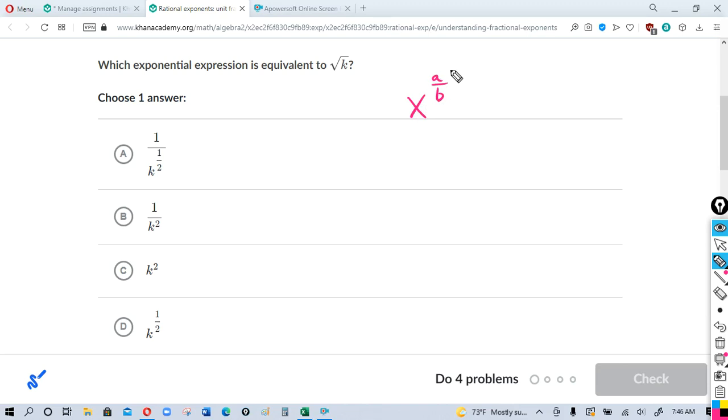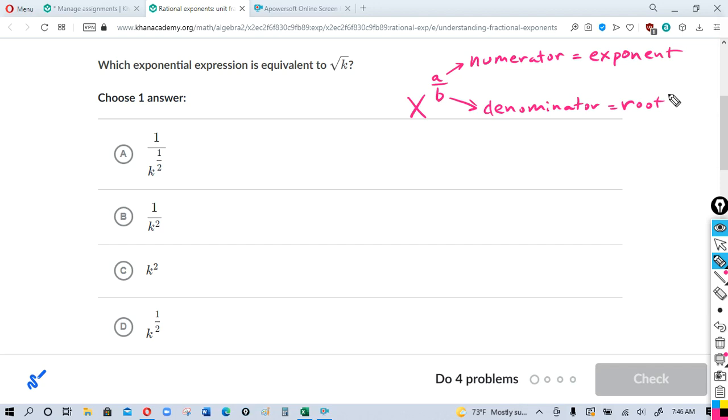The numerator is the exponent, and the denominator is the root. Okay? So that's how we're going to break these down, basically, or simplify.